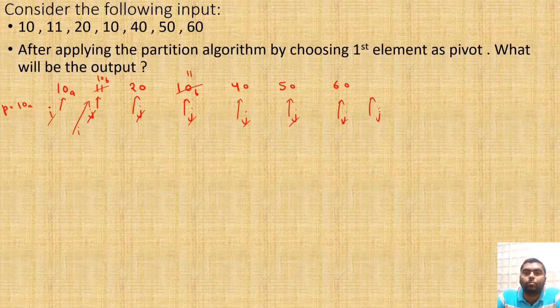Outside the loop, just interchange a of p and a of i. This is my p.